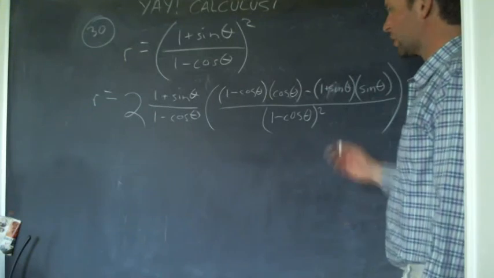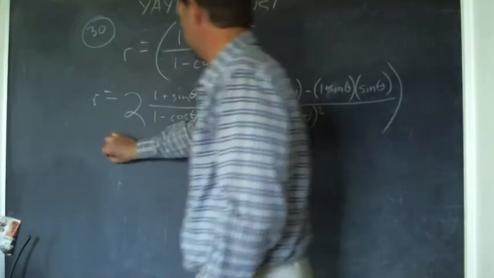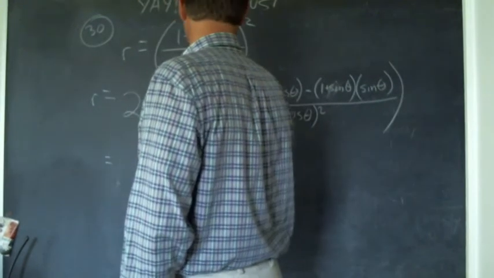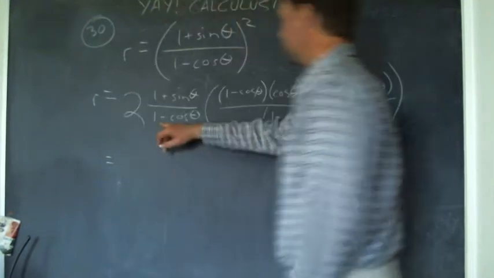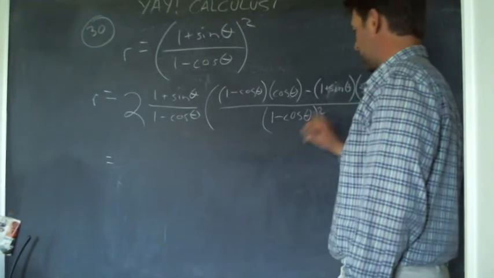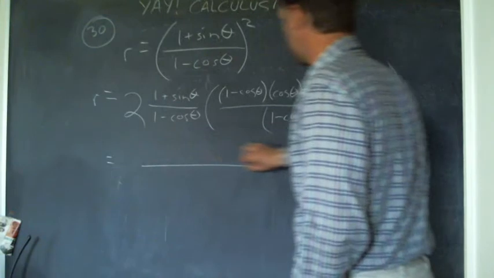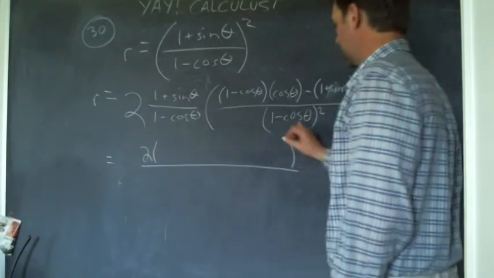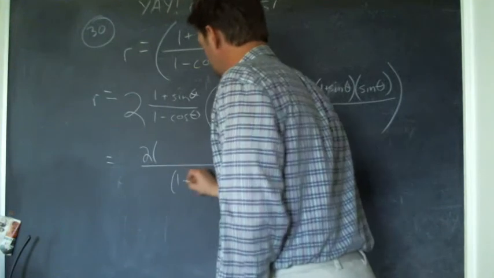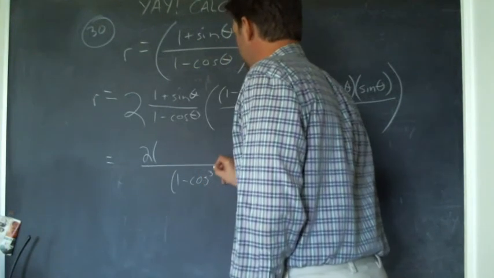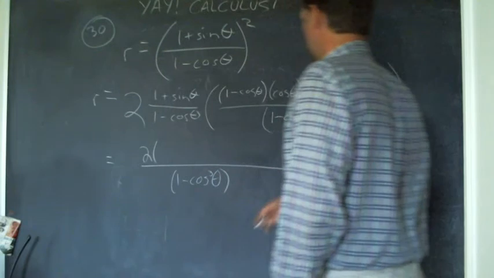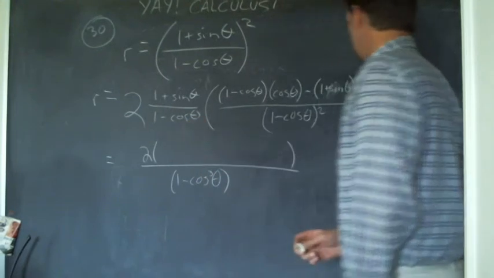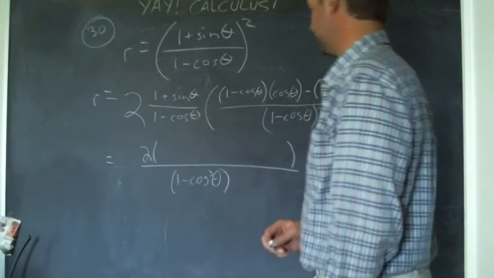All right, let's clean up a bit. This is 1 minus cosine theta over 1 minus cosine theta squared. So we can put this all over a big fraction. We've got 2 on the top. 1 minus cosine theta cubed. That's the bottom. Top multiplied out. Let's see what we get.